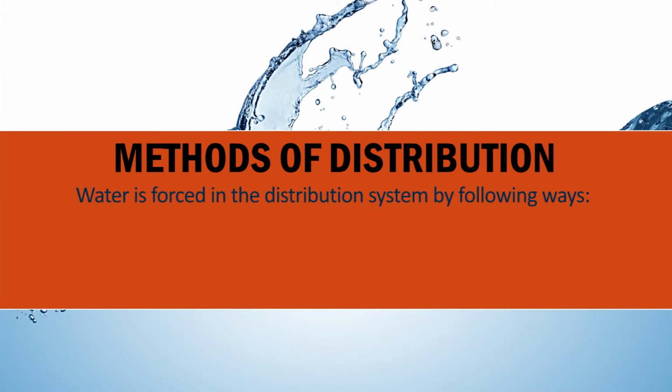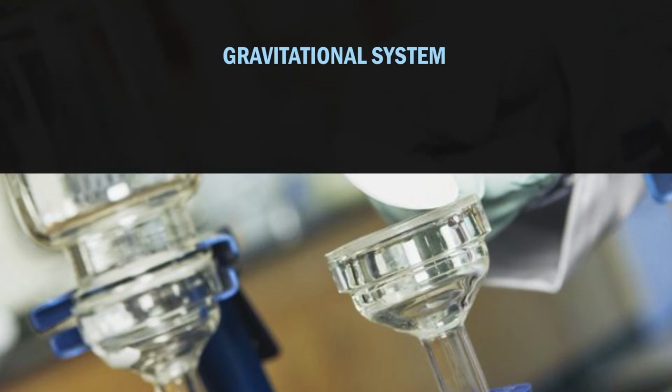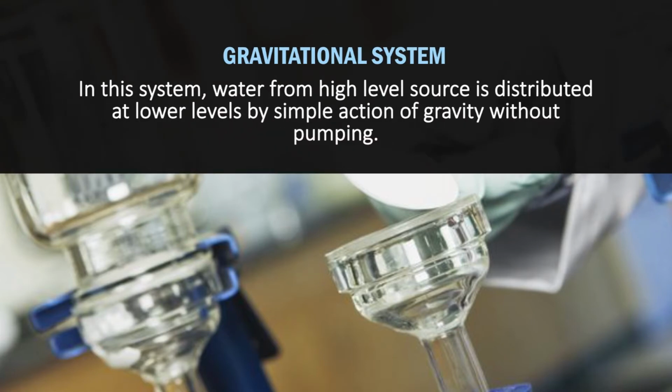Now, methods of distribution. Water is forced in the distribution system by the following ways: gravitational system, direct pumping, and combined system. In the gravitational system, water from a high level source is distributed at lower levels by the simple action of gravity without pumping.